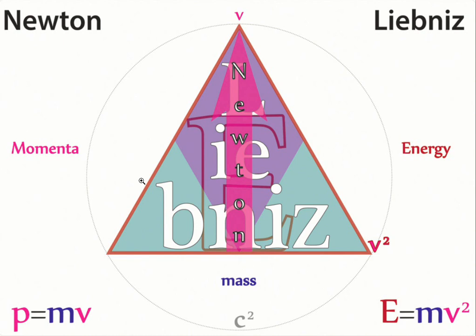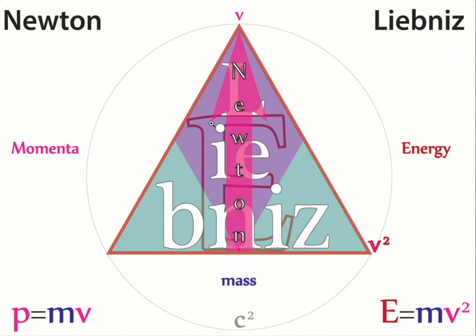F equals ma is just a concise way of expressing that a force creates a change in the momenta of a system per unit of time, or changes the velocity of the system in direct proportion to the mass of the particle in motion due to the force that's applied to it. All of his laws are in fact just re-expressions of the measurements of linear momentum of any system.